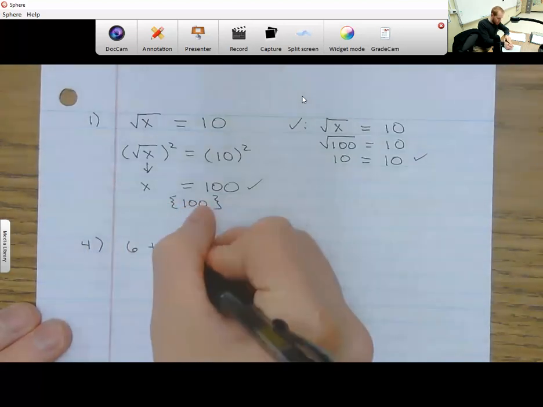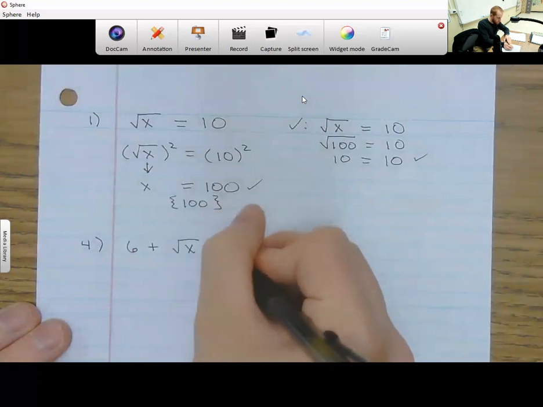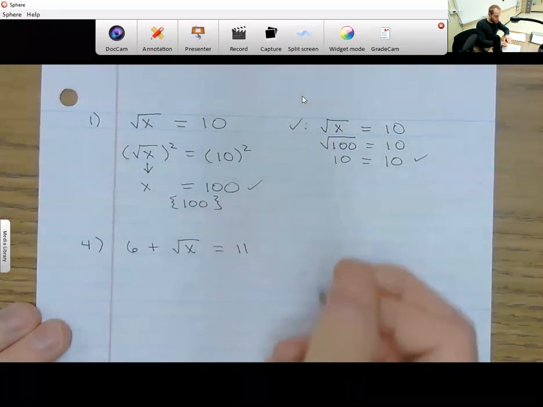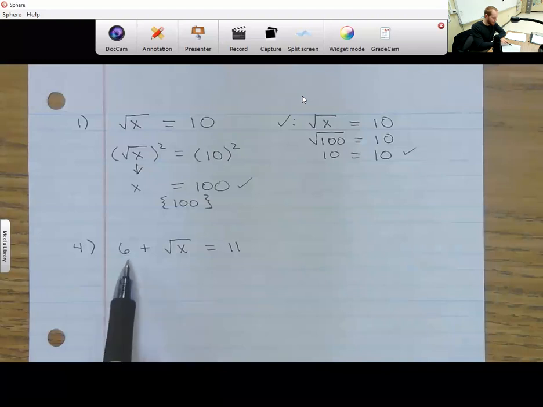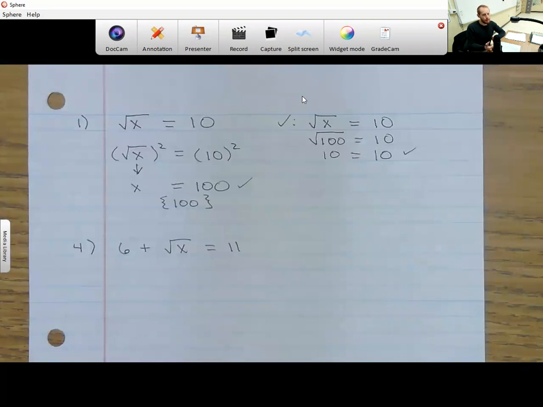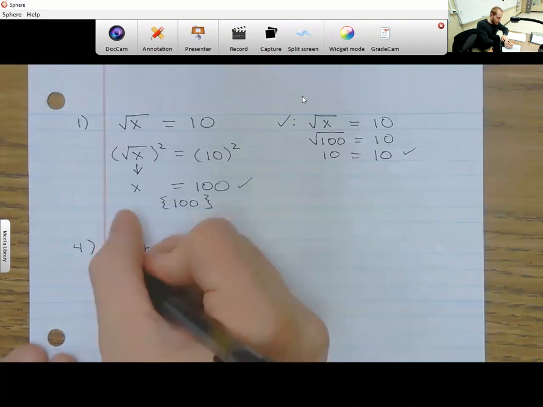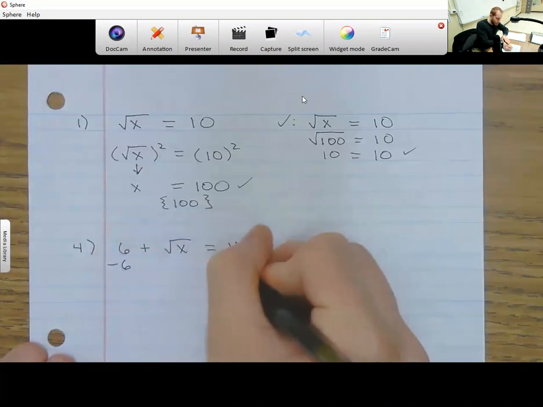6 plus the square root of x is equal to 11. Now, this is one of those situations where you can't really square everything first because this plus 6 is in the way. If I could get rid of that plus 6, then I can square both sides and get the x out of the radical. So let's do that. I'm going to subtract 6 from both sides.